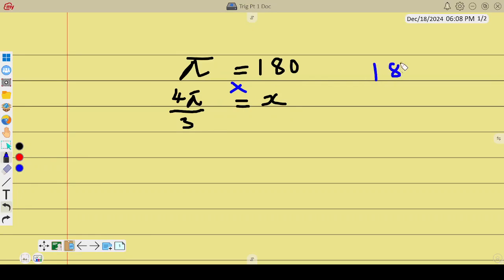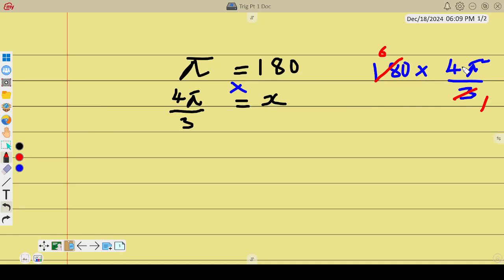Yeah, so I'll teach you like babies. I'll even show you how to multiply. So this is 180 times 4 pi over 3. Here simply you say 180 times 4 and then you divide by 3. Or alternatively, we can divide here. So 3 into 3 is 1, and 3 into 18 is 6.